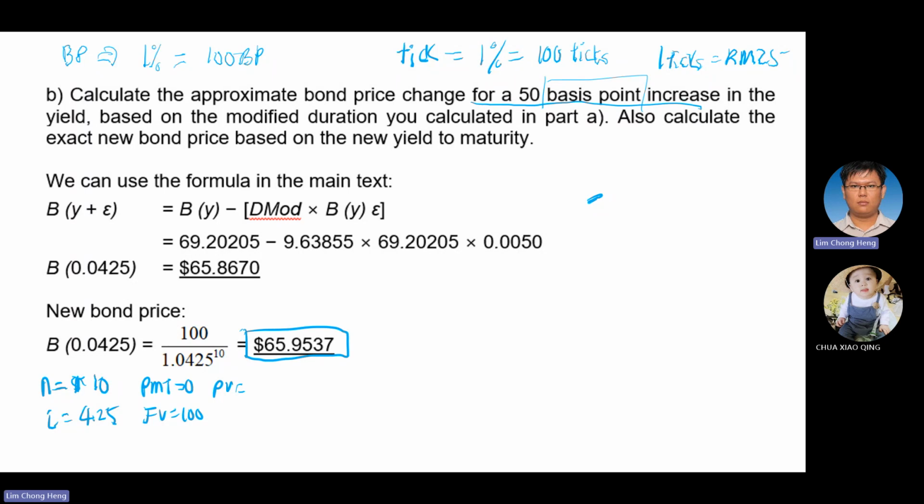The question also asks for the modified duration method. Using the modified duration method, you need to use this formula: bond price minus the big bracket, divide duration, multiply with the bond price, and then multiply with the change in interest rate.